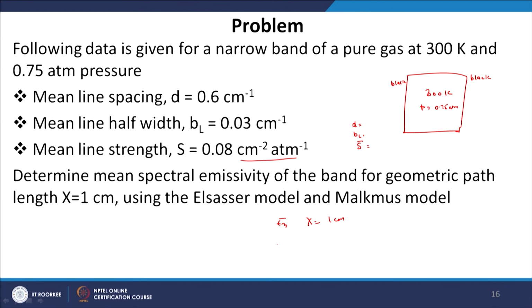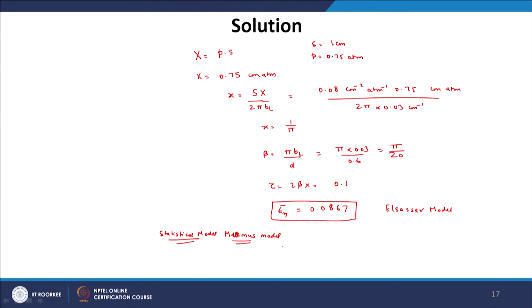I will directly write the results, just writing the values in the expression without showing the calculation: 1 minus exponential of minus 1 by 2 pi by 20, times 1 plus 4 into 0.1 over pi by 20, to the power half minus 1. This value comes out to be 0.0670.